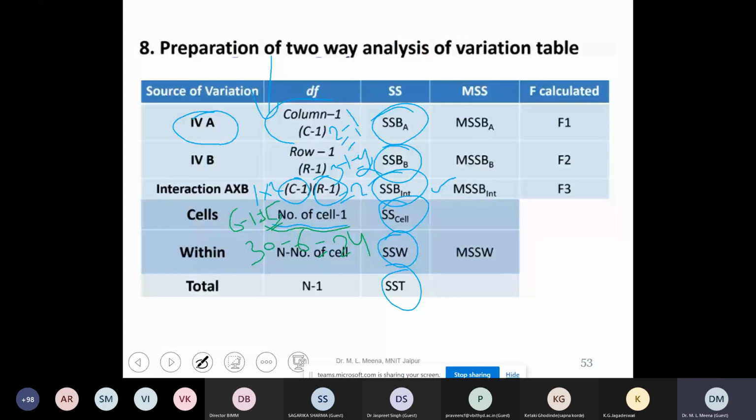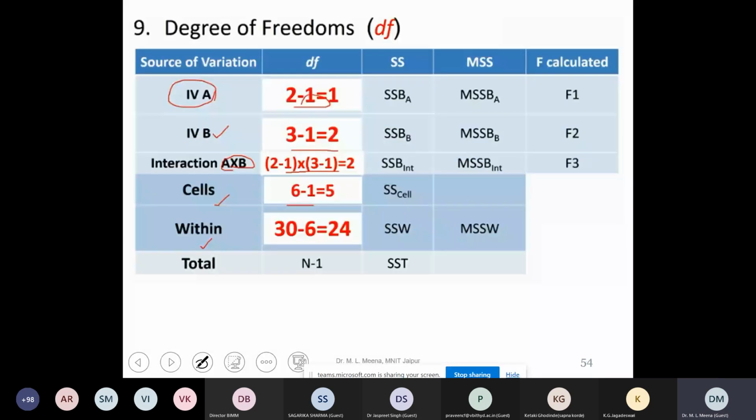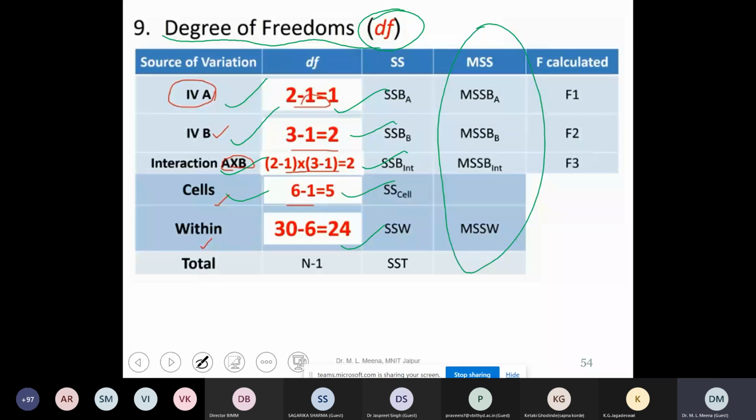After finding the degrees of freedom, next find the mean sum of square. So these are the degree of freedom results: 1, 2, 2, 5, 24. After this, the next step is to find the MSS for independent variable first, for independent variable second, and interaction.